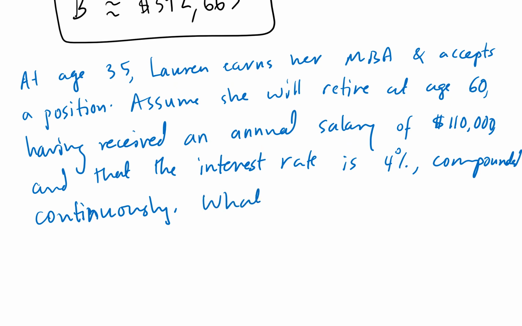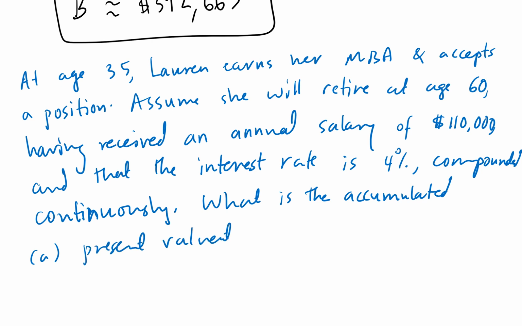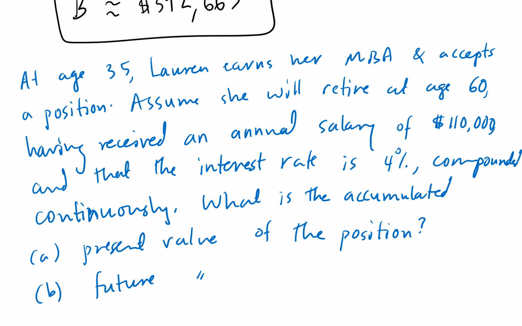What is, Part A, the accumulated present value of the position? B, the future value of the position.